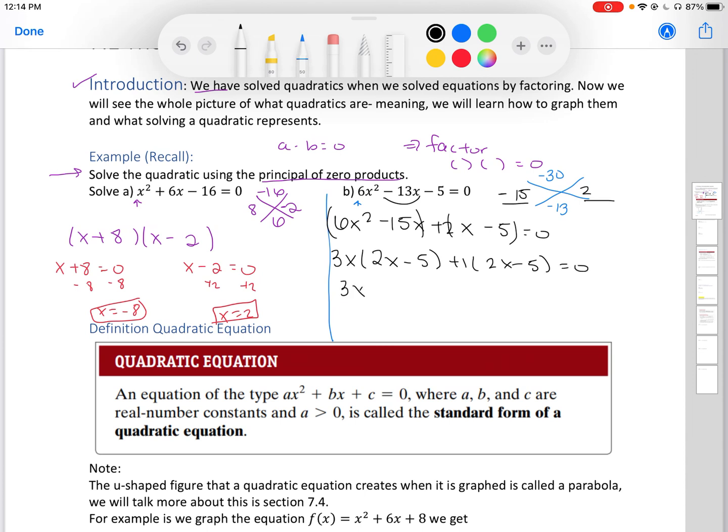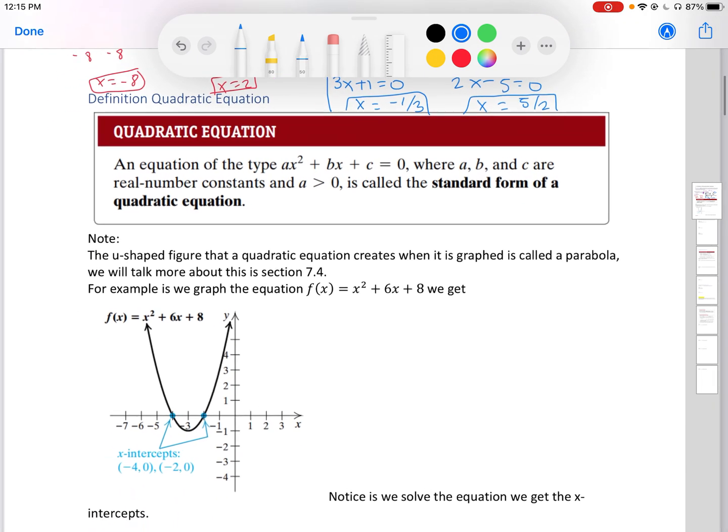So this factors to be 3x plus 1 and 2x minus 5 is equal to 0. We set each one equal to 0, and then we solve. So we get x is equal to, we subtract 1, negative 1 over 3. x is equal to, we add 5, so it's positive, 5 over 2.